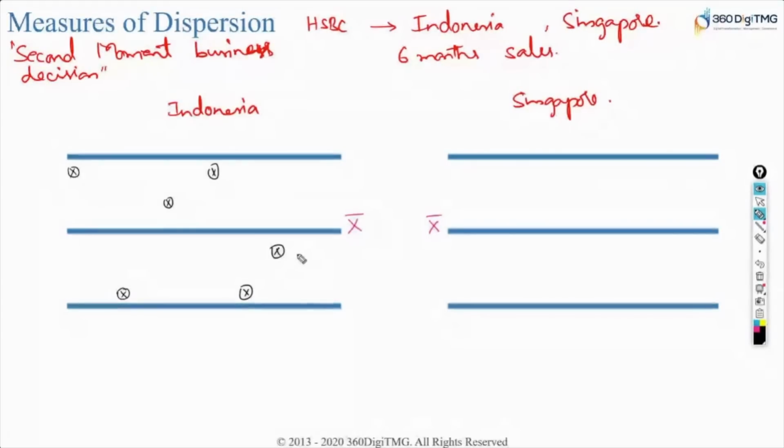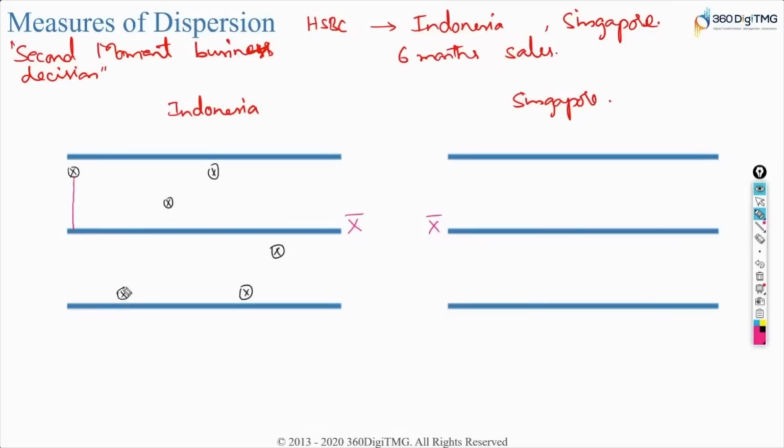So what do you mean by dispersion, variation? Dispersion or variation means how far away is each month sales in comparison to the average. This distance.